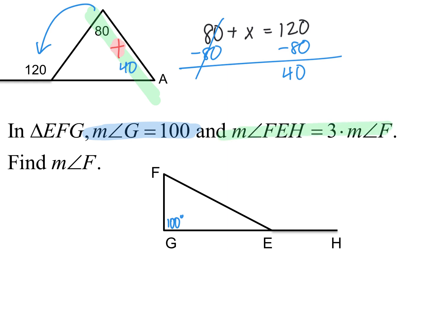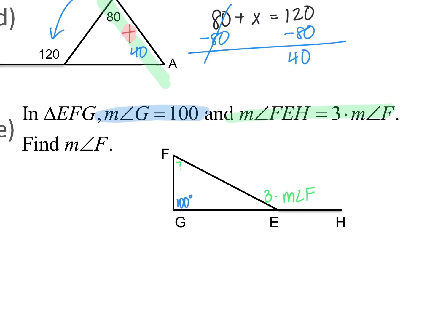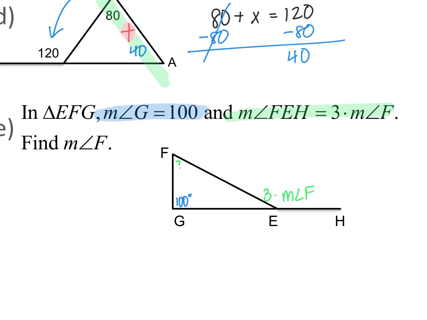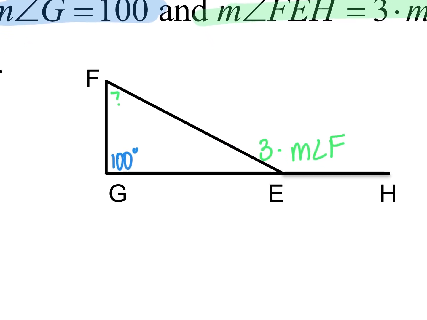FEH means this measure right here. They're telling me that that measurement is 3 times the measure of angle F. They want me to find the measure of angle F. So I need to solve this. How would I set this up?